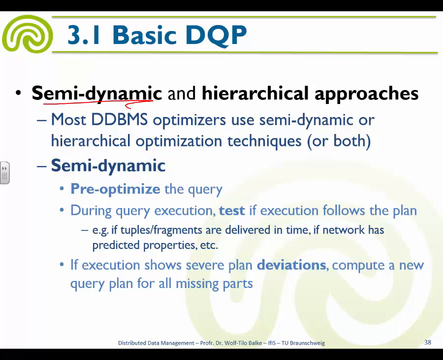So a semi-dynamic approach is to pre-optimize the query, and then when the query actually arrives half a year later or whatever, you test if the execution actually follows the plan, and if the network still has the predicted properties and so on. And if you see there are a lot of deviations, so the plan does not seem to work very well, then you compute a new query plan for what you deem as being wrong, and you merge the query plans.